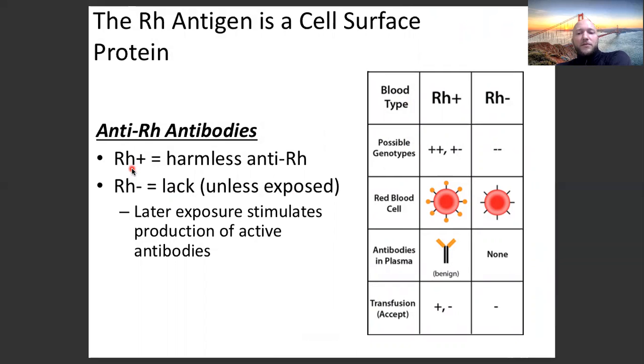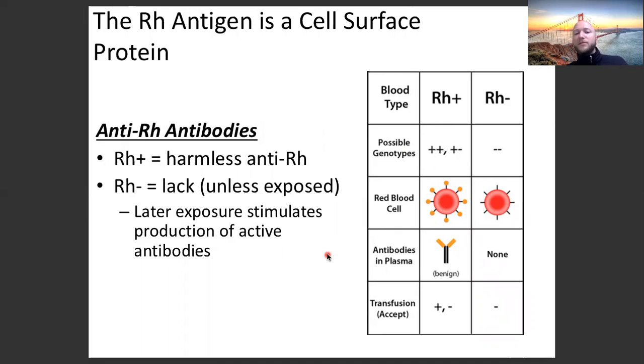There's a little bit of a difference when it comes to the antibodies with the Rh factor. With ABO, we're exposed to bacteria that will generate the antibodies for the blood types that we don't have. With Rh factor, there's no bacteria that generates that same immune response.